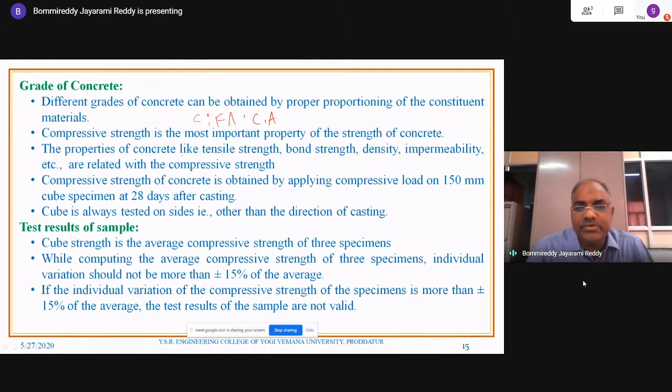Compressive strength is the most important property of concrete, because several other properties, such as tensile strength, bond strength, density, impermeability, and other related properties, are all related to the compressive strength.